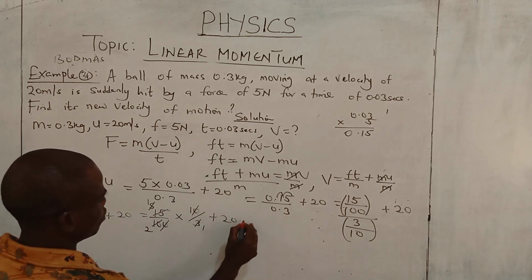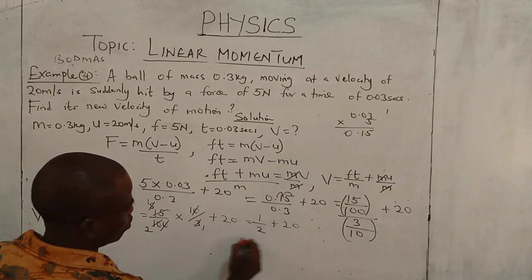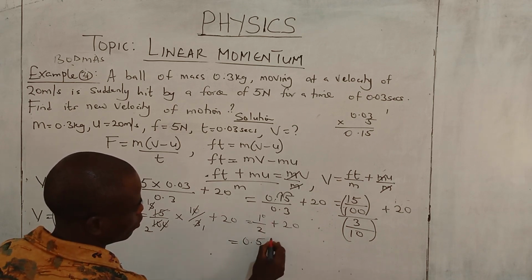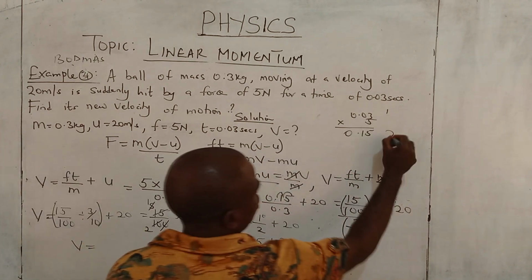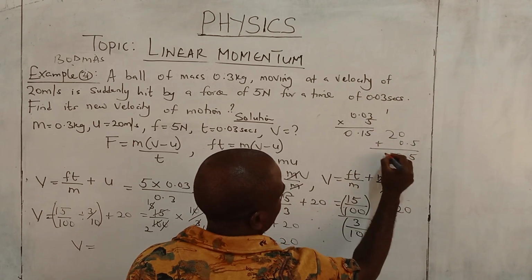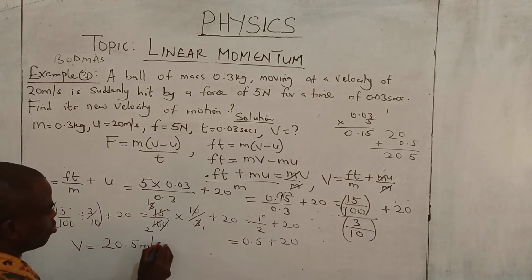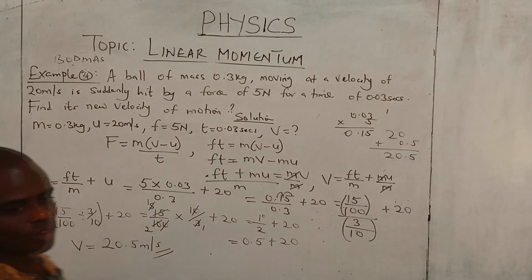Plus 20. That gives 1 over 2 plus 20. 2 goes in 1, 0, 2 goes in 10, 5. Now your v equals 20 plus 0.5, which is 20.5 meters per second. This is the new velocity of motion, the final velocity.